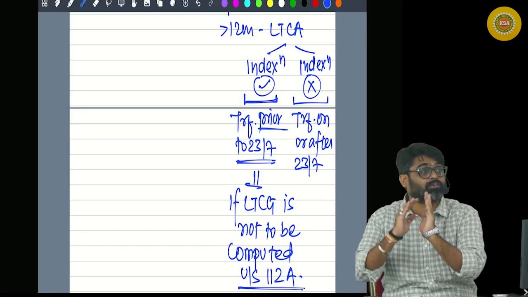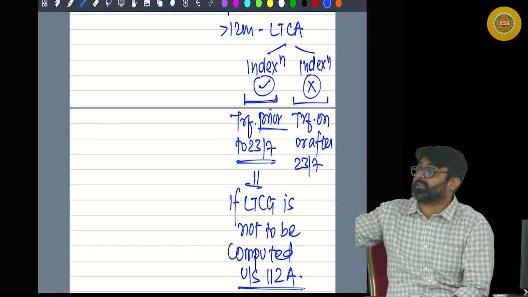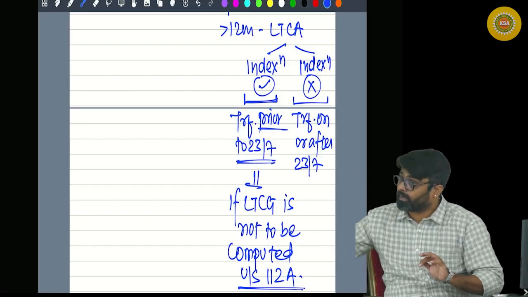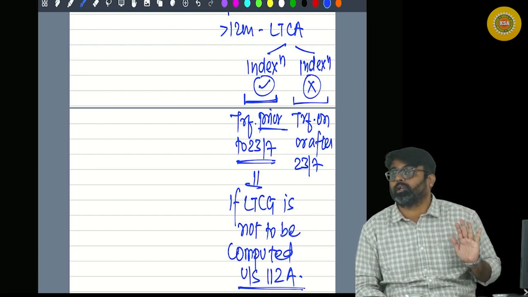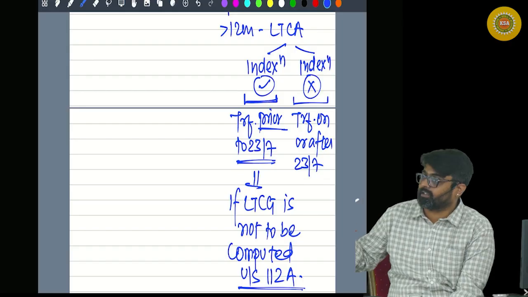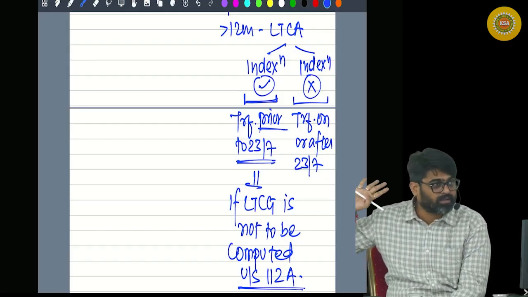If those conditions of 112A are satisfied, then for these listed shares no indexation benefit is available. Prior also it was not available, on or after 23rd July also it is not available. Getting my point? So I am taking indexation if the asset was transferred prior to 23rd July.